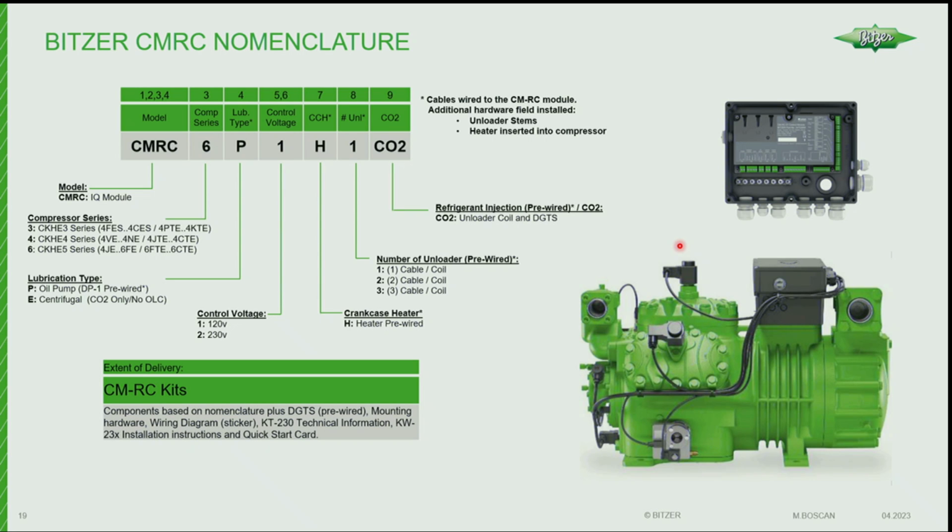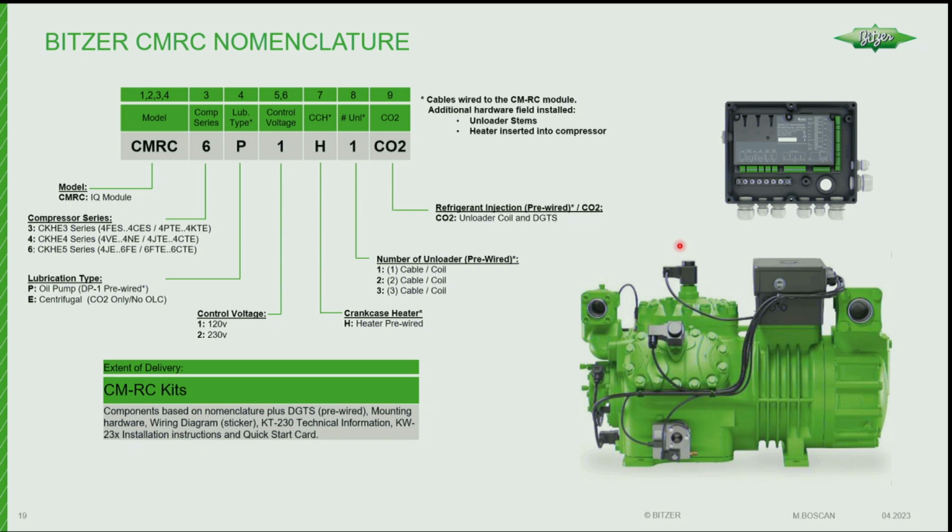So the first 5 digits have to do with the module and the number of pistons on the compressor. The next one, the 4th digit, oh, my numbering's off up there, sorry. The one that says 4th digit lubrication type is whether it has a positive displacement oil pump, which is included on all our 6 and 8 cylinder compressors, or whether it has a centrifugal disc that does lubrication.